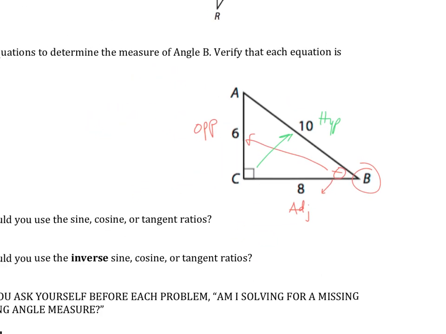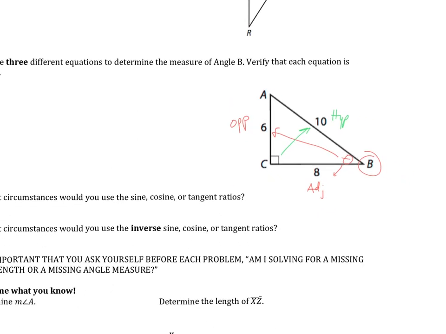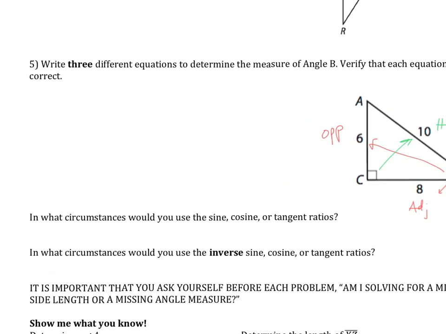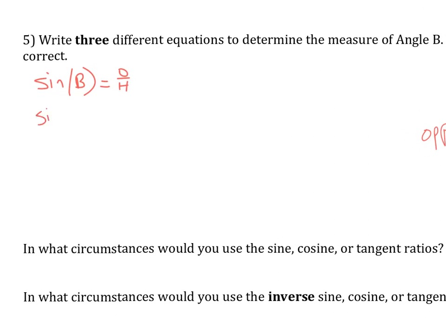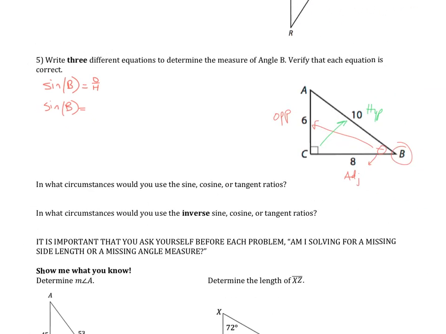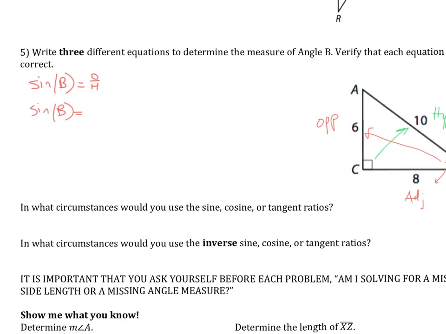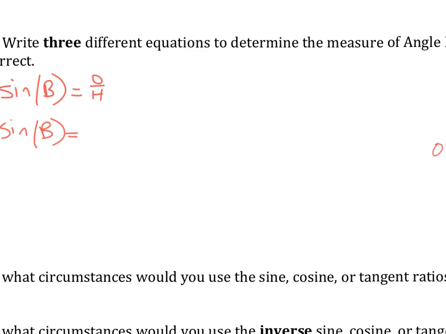And so we can set up 3 different equations to help us figure this out. So the first one we can do is sine. Sine of B is going to be opposite over hypotenuse. Sine of B is going to be 6 over 10.